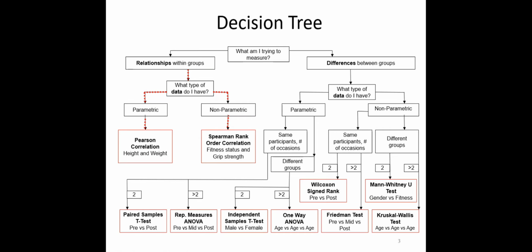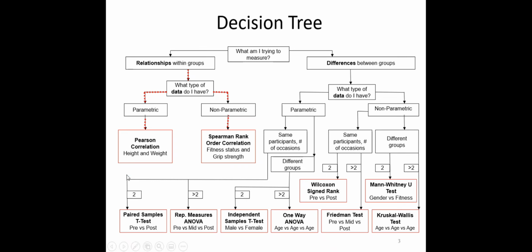So this is the first step to determining which type of correlation test we need, because you can either have a Pearson correlation if the data is parametric, or you need a Spearman rank order correlation if your data follows these non-parametric characteristics.